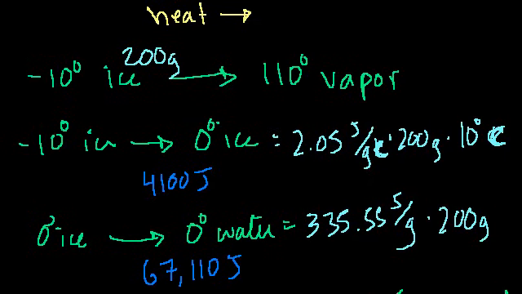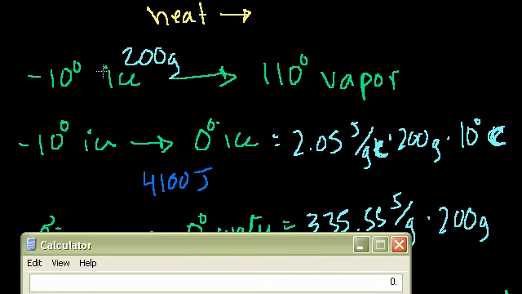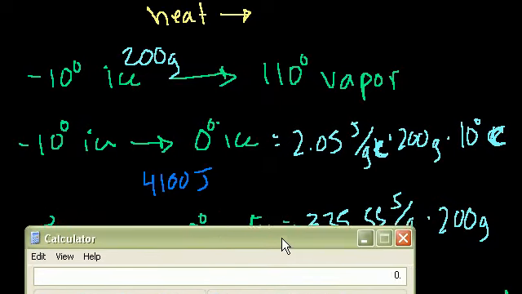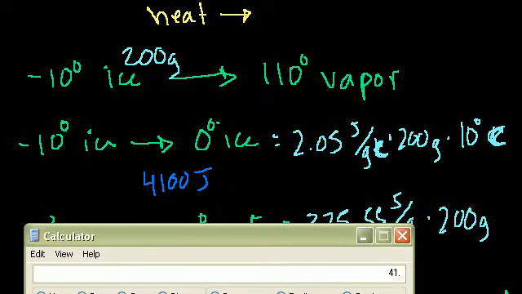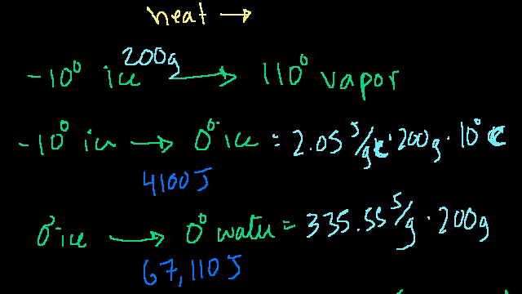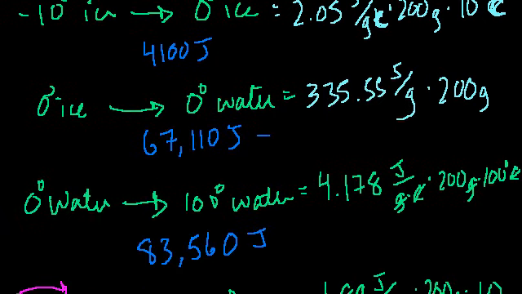To go from minus 10-degree ice to 0-degree ice, and of course we have 200 grams of it, it was 4,100, plus the 67,110, plus 83,000. That's to go from 0-degree water to 100-degree water, plus 83,560. So we're at 154,000 right now, just to get to 100-degree water.